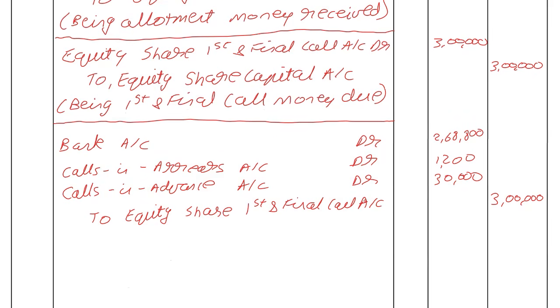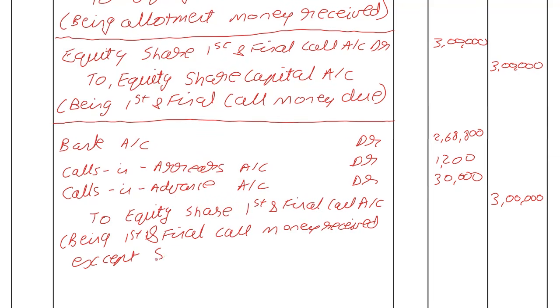Now, what is this going to be? Being first and final call money received, except Shekhar, allotted.